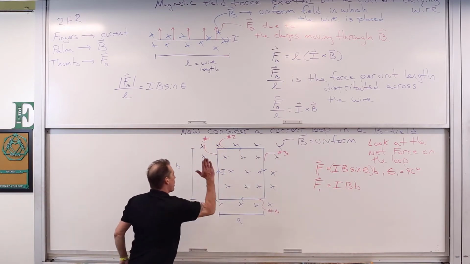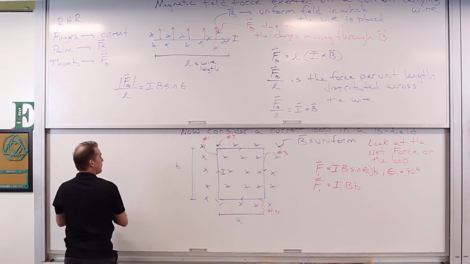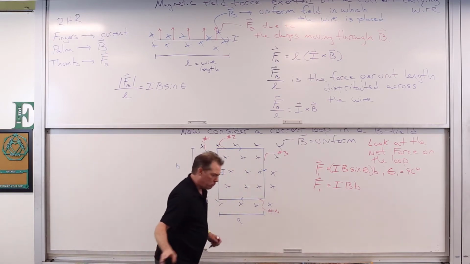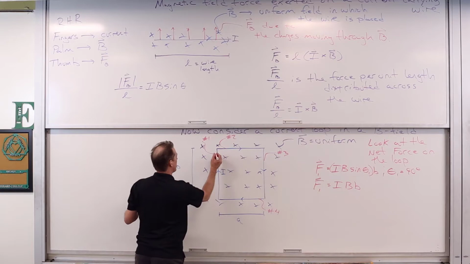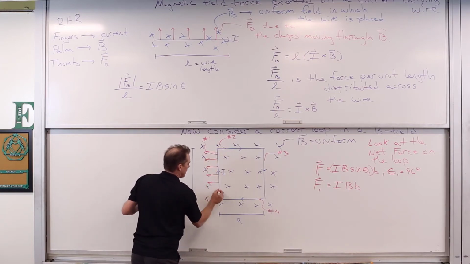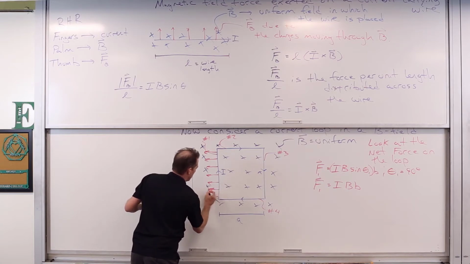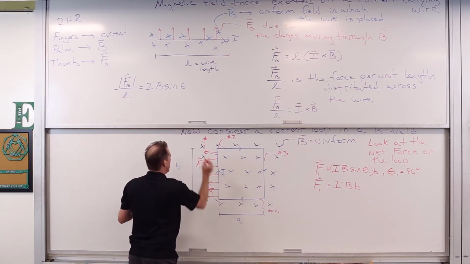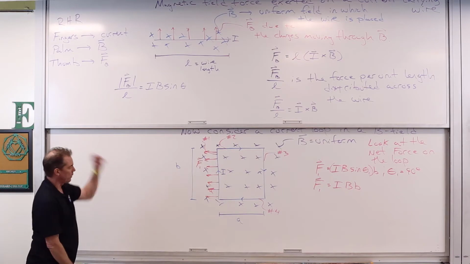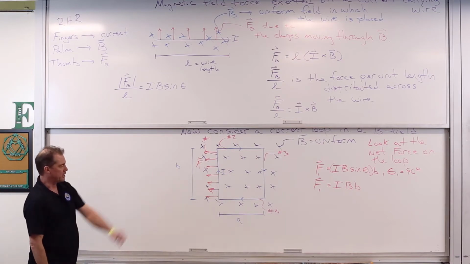And fingers go up, palm into the board. We got the force would be outward. So let's just use right here. So across this length here, we got this force F1 hat distributed all across it. Great, and there's its magnitude.